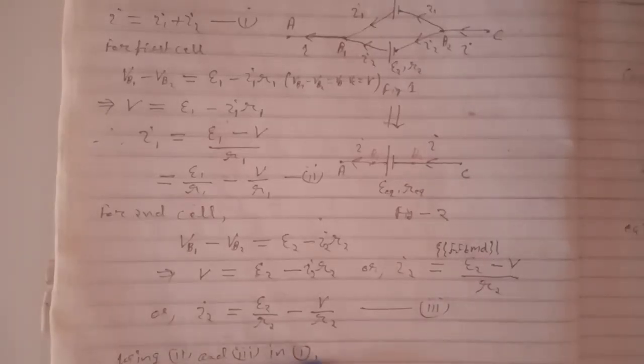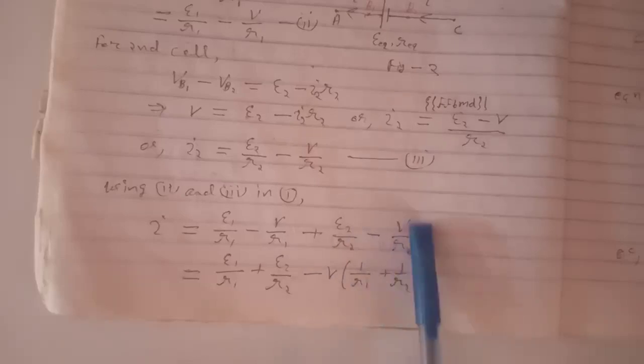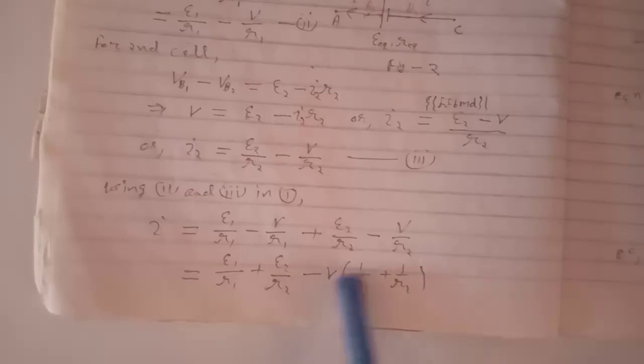Using 2 and 3 in 1, in this equation we get I equals E1 by R1 minus V by R1 plus E2 by R2 minus V by R2, or I equals E1 by R1 plus E2 by R2 minus V into 1 by R1 plus 1 by R2.